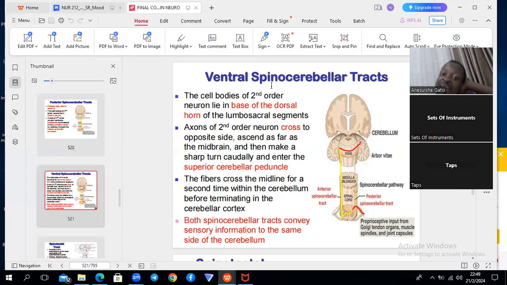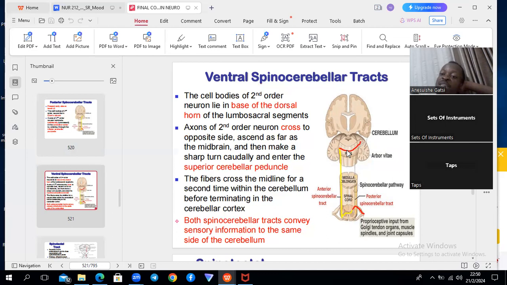The ventral spinocerebellar makes a mistake of crossing while in the spinal cord, but when it gets to the brainstem, it will cross back to go to the same side where it came from. By the end of the day, the cerebellum controls the same side of the body where it is. The right cerebellum controls the right body. The left cerebellum controls the left body. Unlike all the other tracts that were going to the brain.